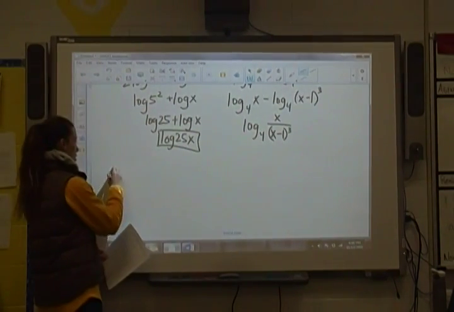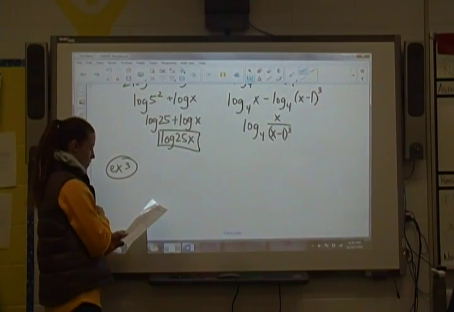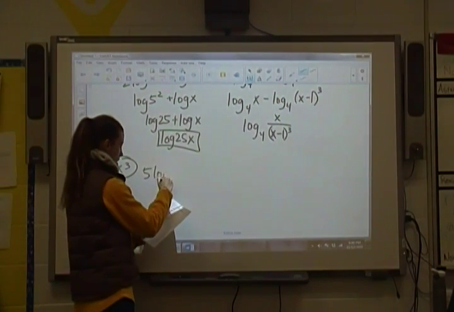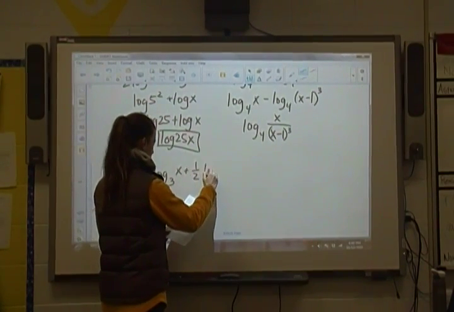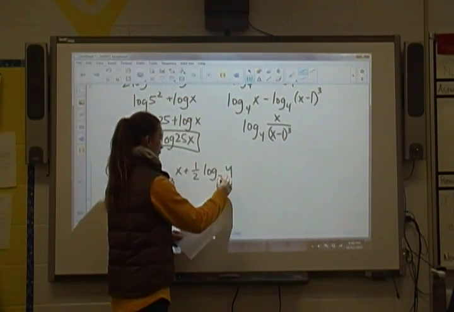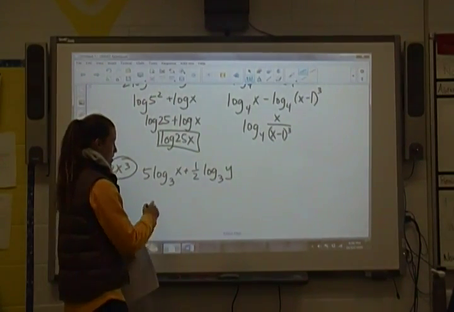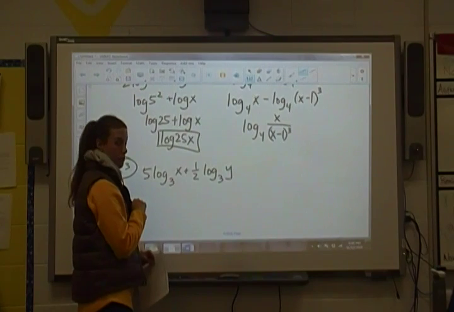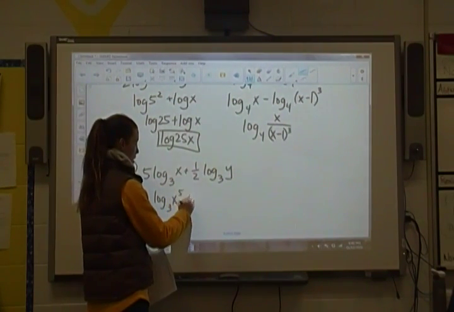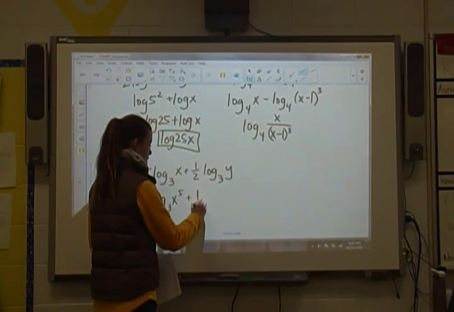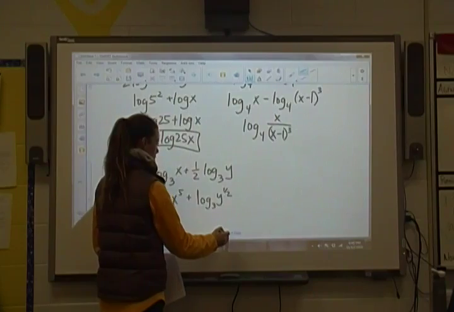All right, let's take a look at another example. If I have 5 log base 3 of x plus 1/2 log base 3 of y, then I'm going to move my 5 over on my x, so log base 3 of x to the 5th power plus log base 3 of y to the 1/2 power.